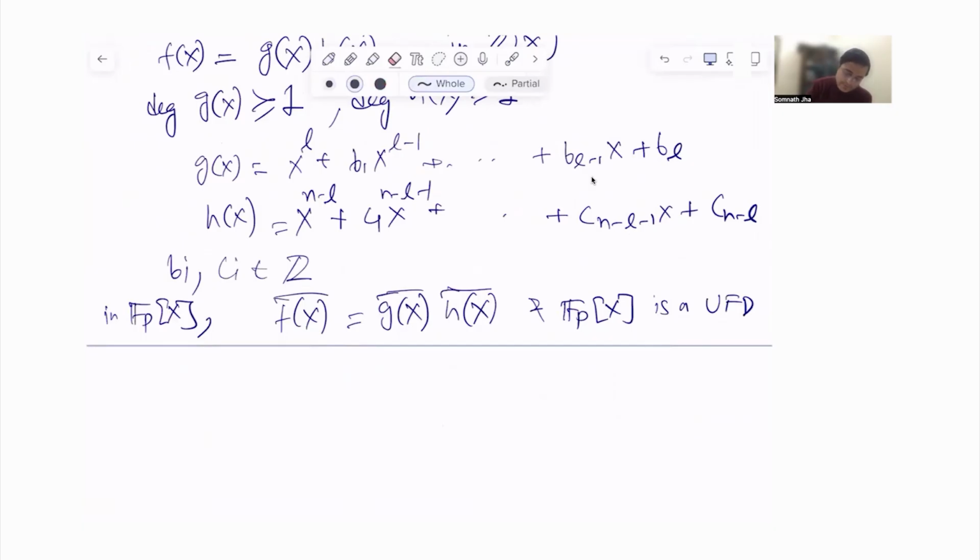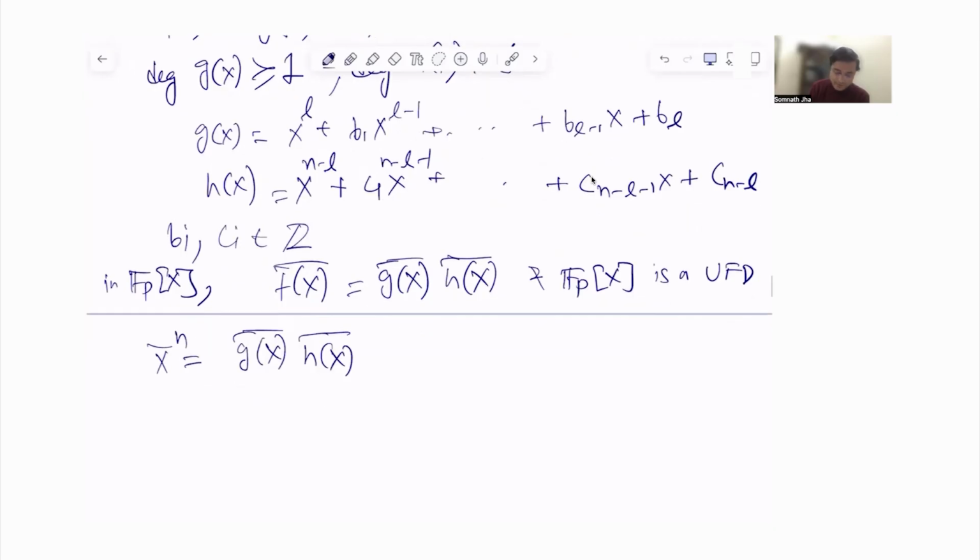So x bar to the power n equals g bar(x) into h bar(x). It must be the same factorization on both sides, right? x bar is a product of irreducibles, and x bar is irreducible. So this factorization is unique.